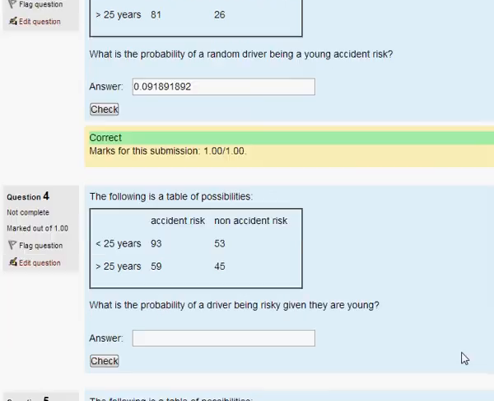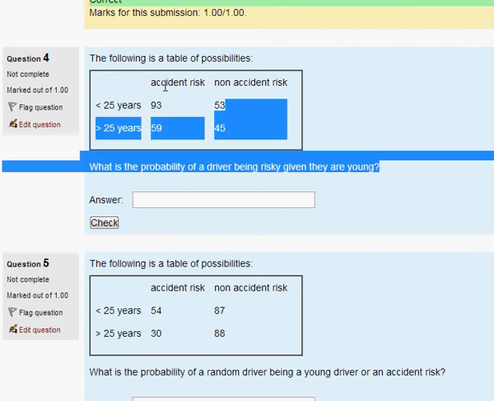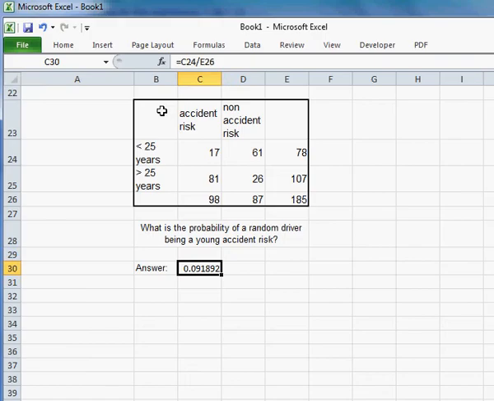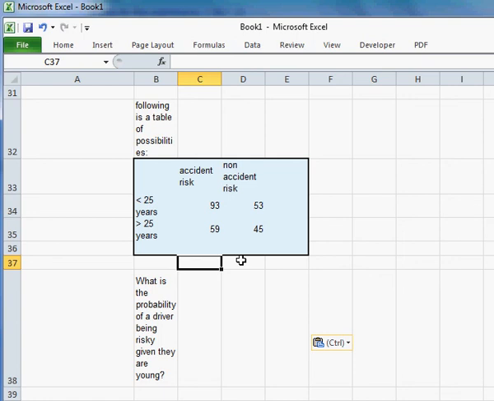So now let's take a look at the second question here. We want to know the probability of a driver being risky given they are young. So I'm going to copy and paste again. So we need to get these column totals. Risky given they are young.